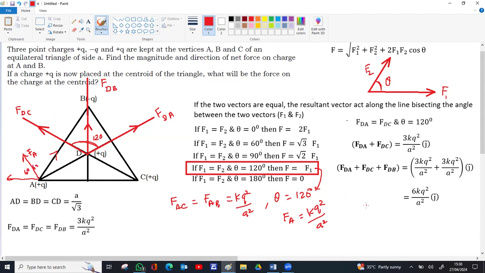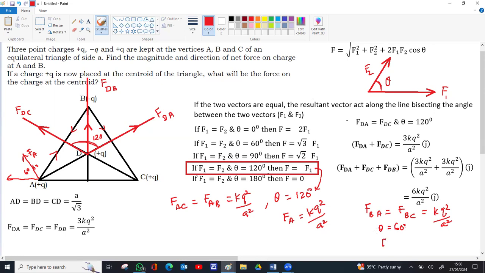Now the force on B due to A will be the same as the force on B due to C magnitude wise, that is again kq square by a square. But here B is attracted towards both. These two forces are equal and the angle between them is 60 degrees.